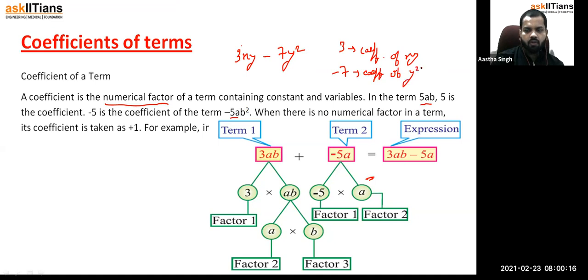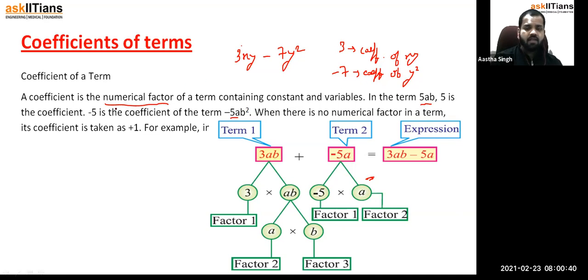The coefficient is basically the numerical number with your variable. Here the variable is xy, and the numerical number with it is 3. In the case of y square, the numerical number is minus 7.